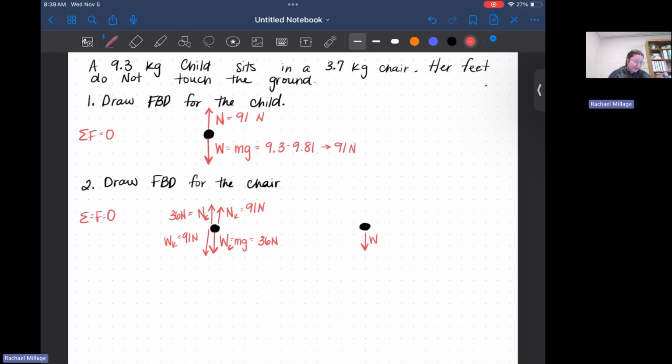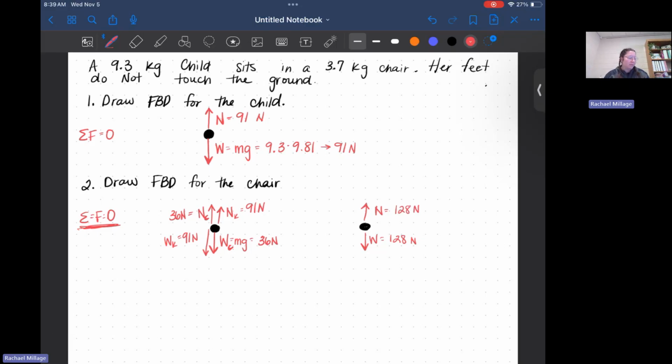That's the mass times 9.81. So that gives me a total weight of 128 newtons. And again, my net force has to be equal to 0. So I have some sort of normal force that's equal and opposite, which means it's 128 newtons.